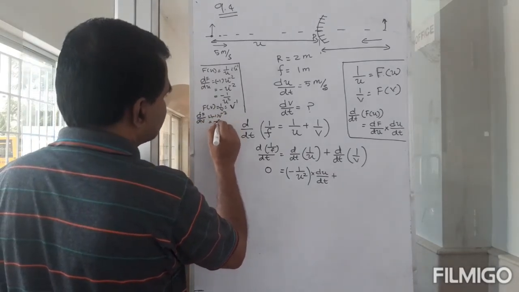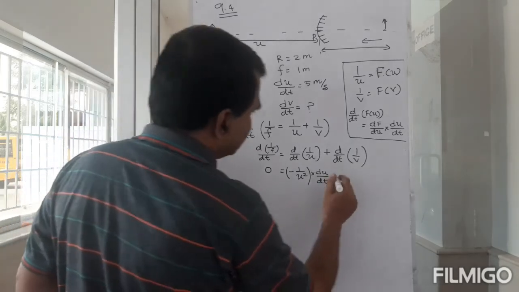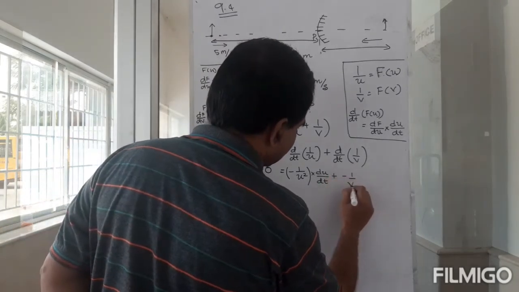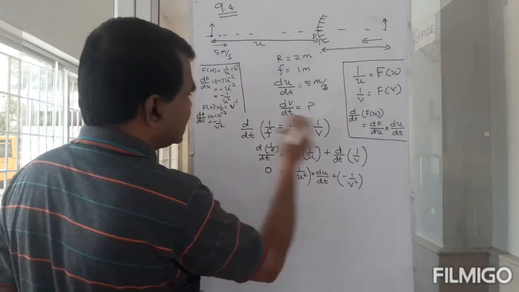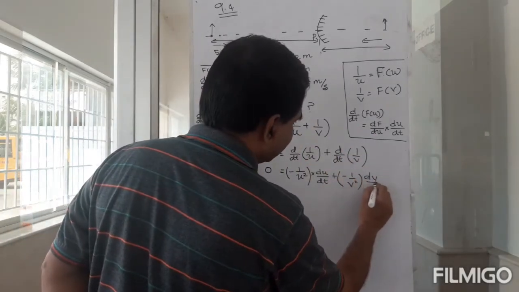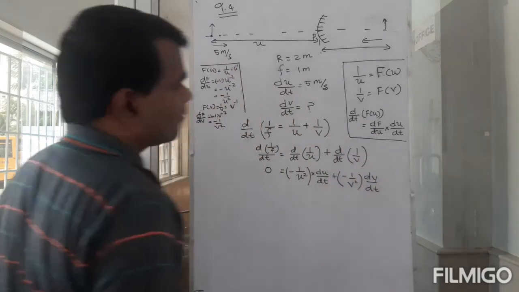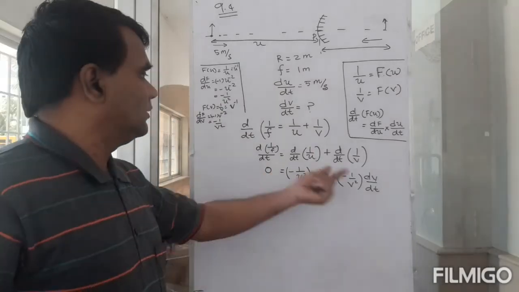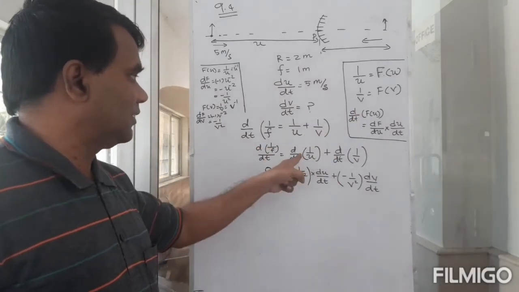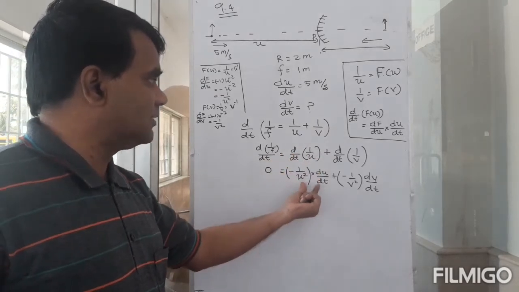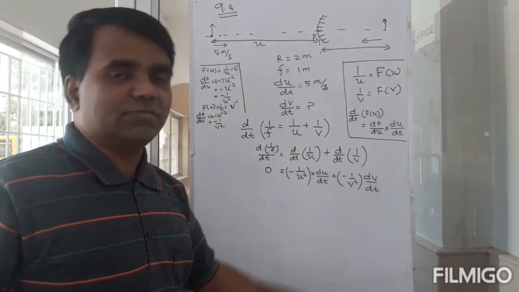So that will be minus 1 by v squared, into dv by dt. So d by dt of this is actually this, and d by dt of this is actually this.